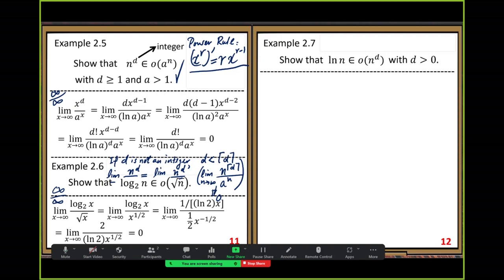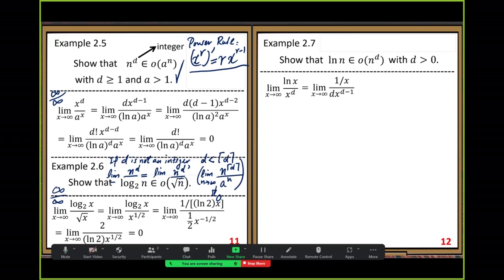Let's apply L'Hopital's rule. Infinity over infinity, no problem, right? Then the derivative: the numerator, the derivative of natural log, is the reciprocal 1 over x. The denominator, by the power rule, is d times x to the d minus 1 power.